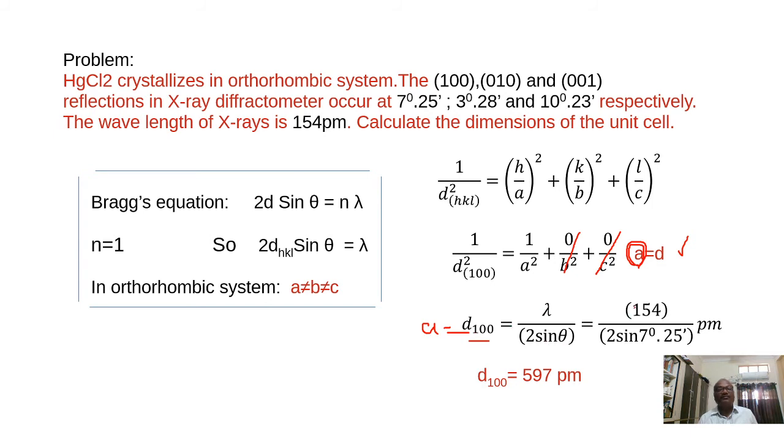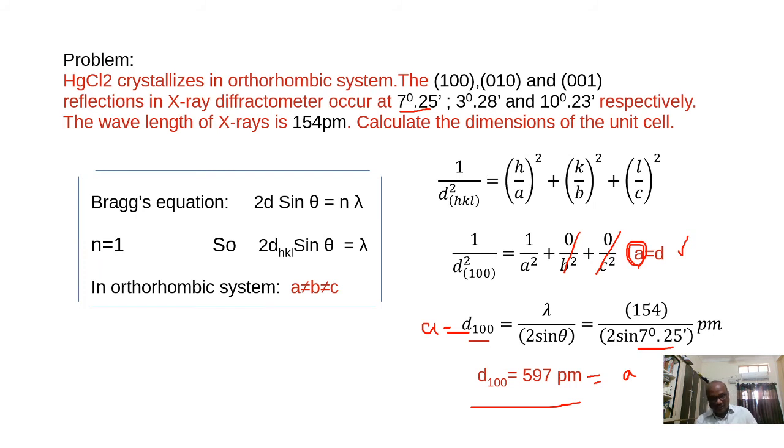Lambda is 154 picometers. What is the X-ray diffraction angle for the 100 plane? Here you can see it is 7 degrees 25 minutes. You are substituting 2 sin 7 degrees 25 minutes. If you simplify this, you will get d100 equal to 597 picometers. It is nothing but the value of small a.